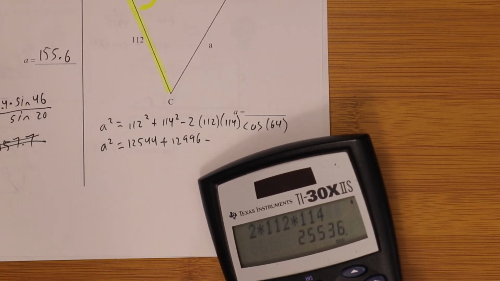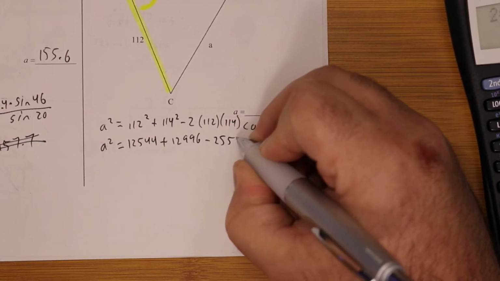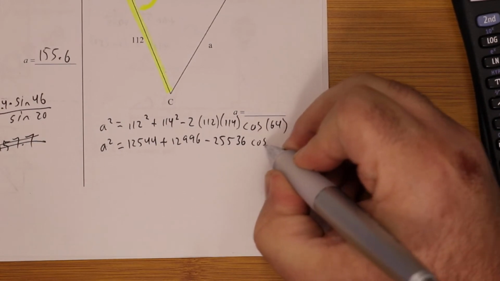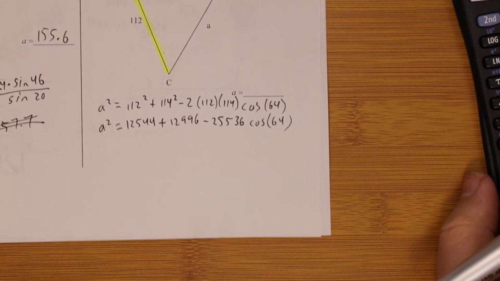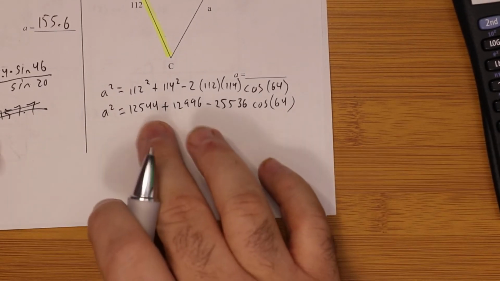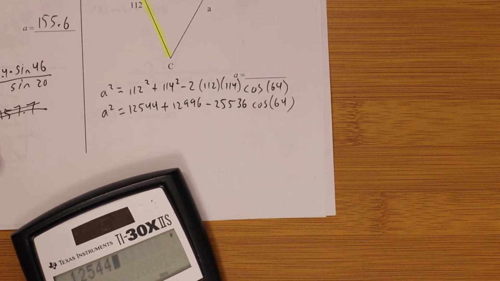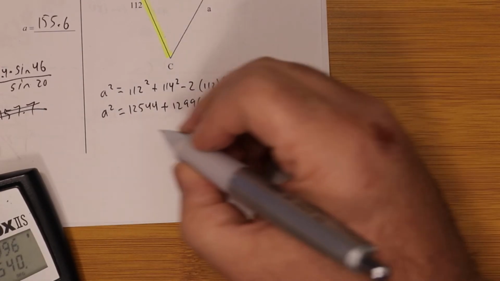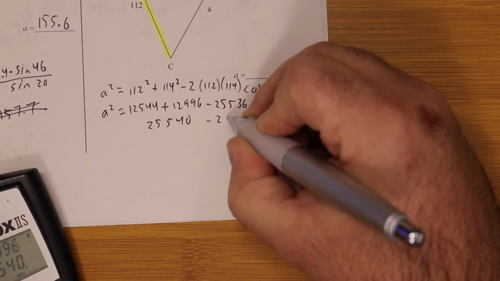That's 25,536. Remember, we're trying to get this as simple as possible, so we put it in the calculator. We're going to combine these two together, so 12,544 plus 12,996, 25,540. Everything else drops.